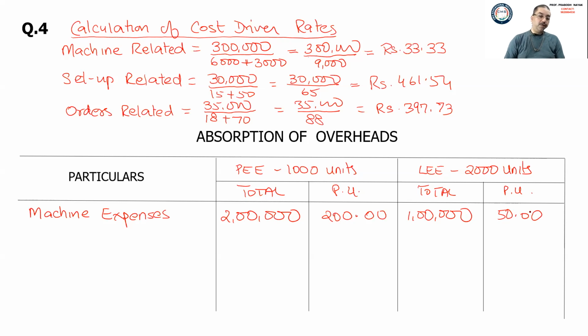That is machine expenses. Second is setup expenses. 461.54 into 15 is 6,923.